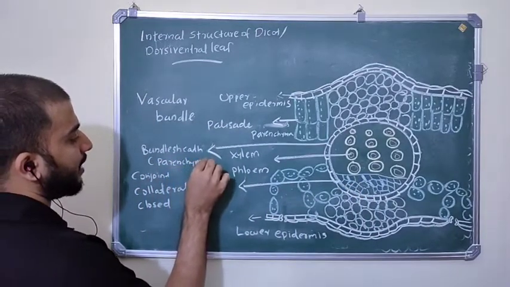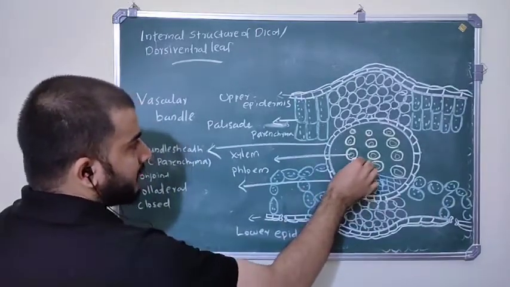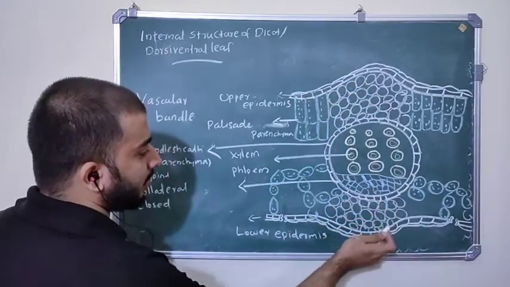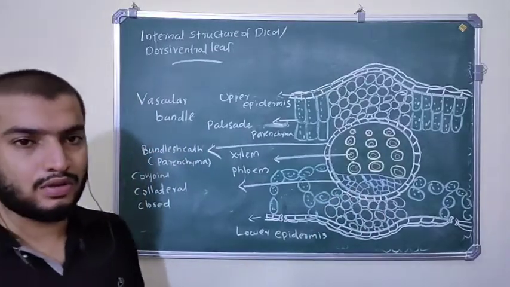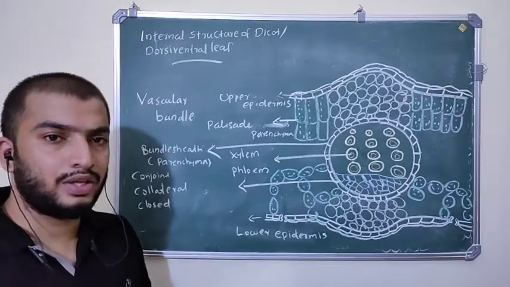The xylem is directed toward the upper epidermis, and the phloem is directed toward the lower epidermis in this leaf vascular bundle. So these are the major parts of the dicot leaf.